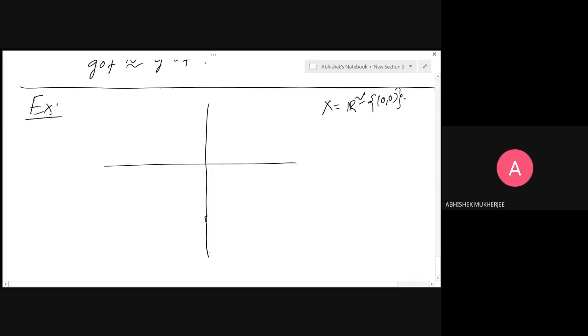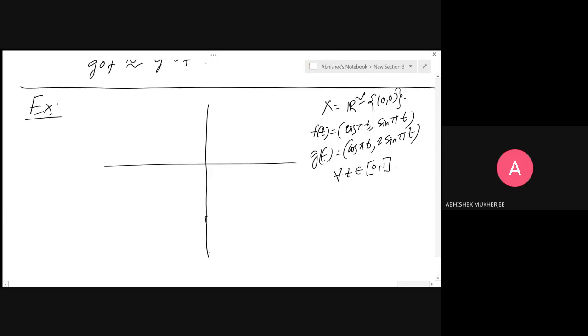The first one is F(t) = (cos pi t, sin pi t) and G(t) = (cos pi t, 2 sin pi t) for all t belonging to [0,1].